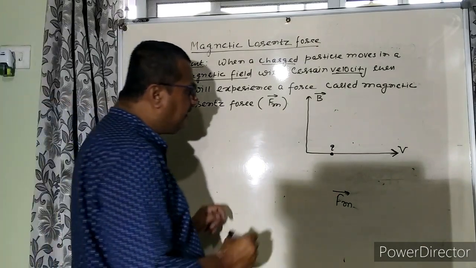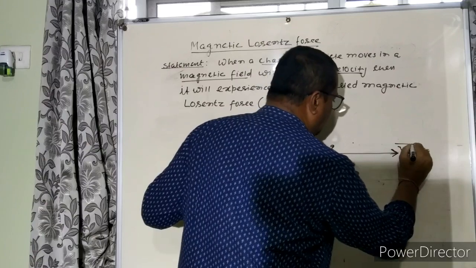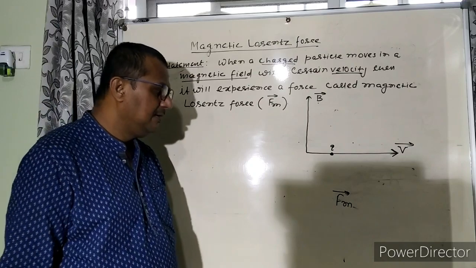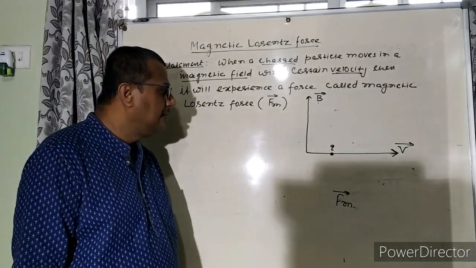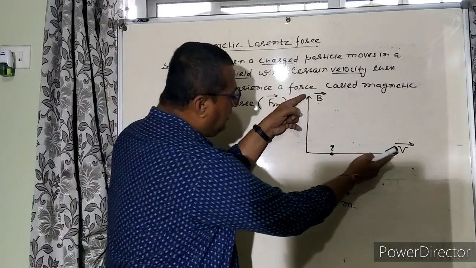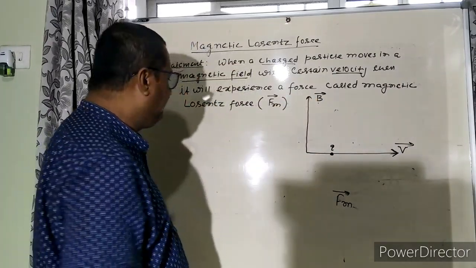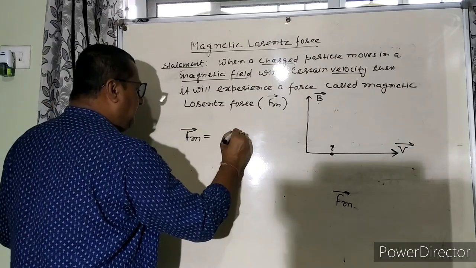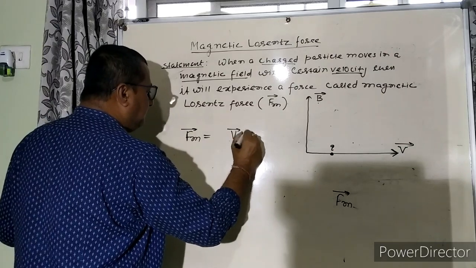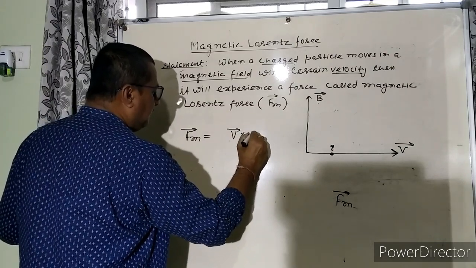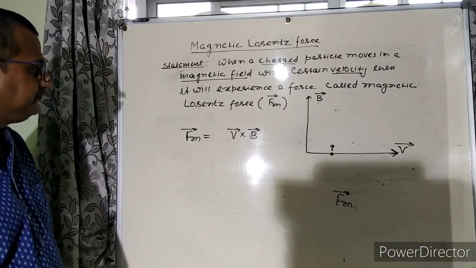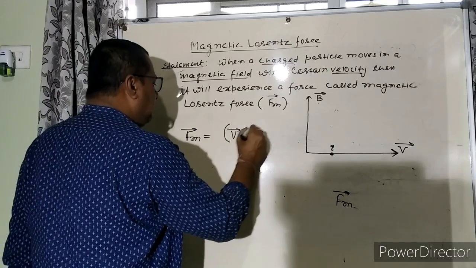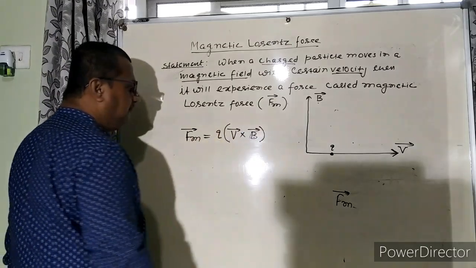So here are three physical quantities. One is magnetic field, other is velocity, and this is the force. All three are vector quantities. Means after multiplying v and B, we are getting F. So here Fm is v cross B. But here there is also a charged particle, so it is multiplied by q.